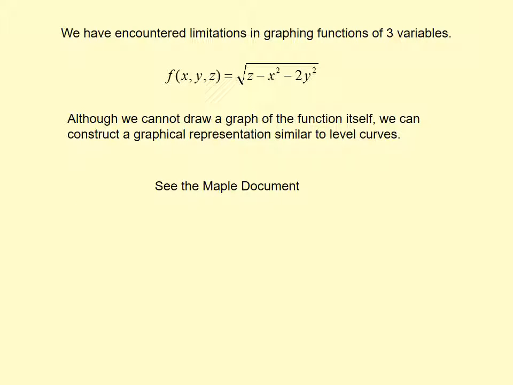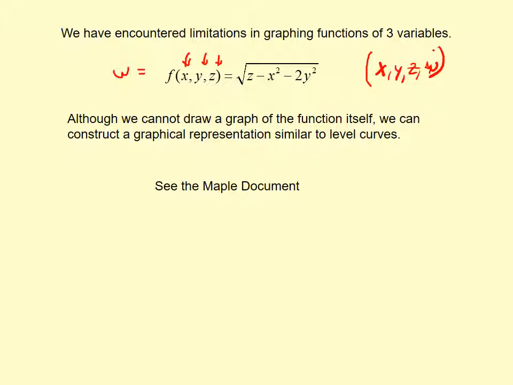Now we can't even begin to draw the graph of this function, even in Maple, as powerful as it is. Notice our function is a function of 3 variables. We've got x, y, and z, which means our 4th variable, whatever that is, how about w, is a function of x, y, and z. So that means we've got our variables x, y, z, and w.